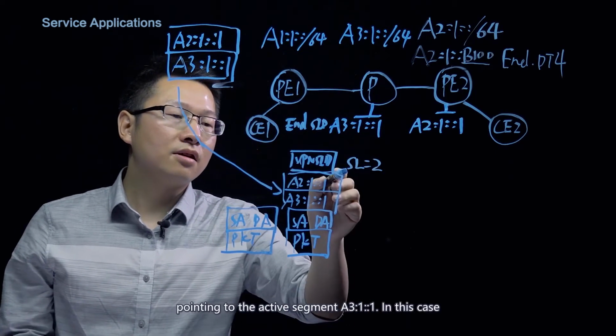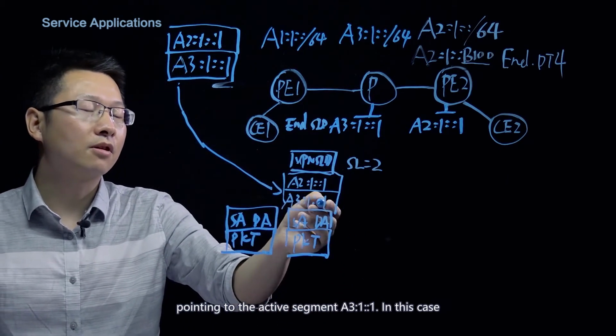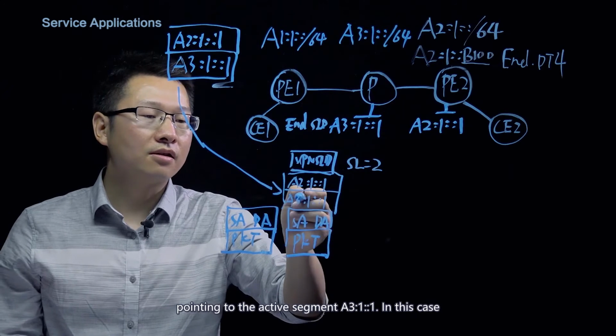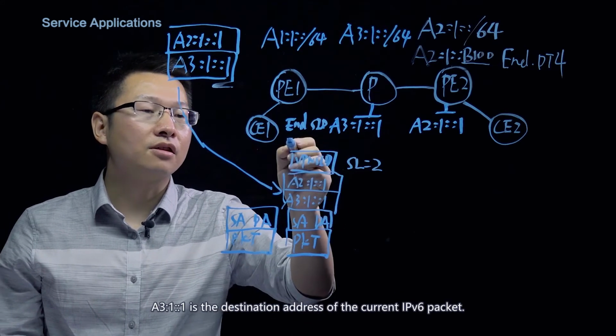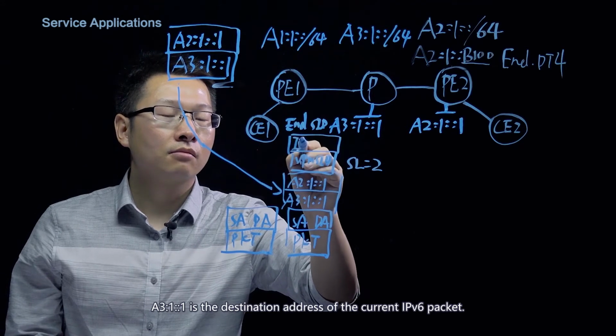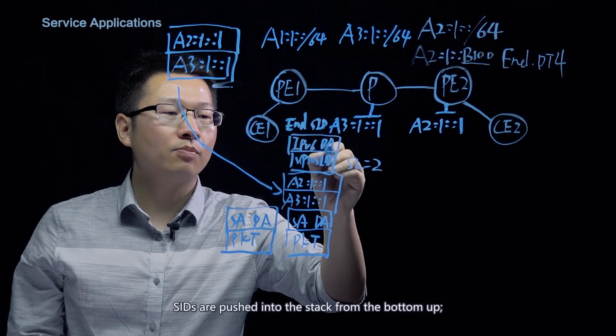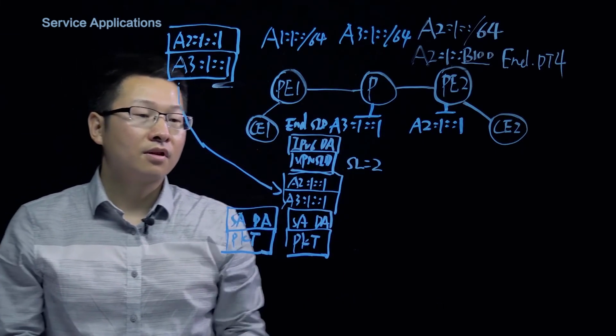It points to the active segment A3:1::1. In this case, A3:1::1 is the destination address of the current IPv6 packet. SIDs are pushed into the stack from the bottom up.